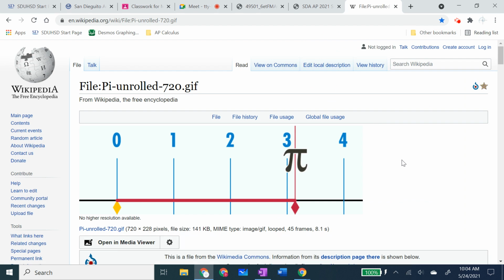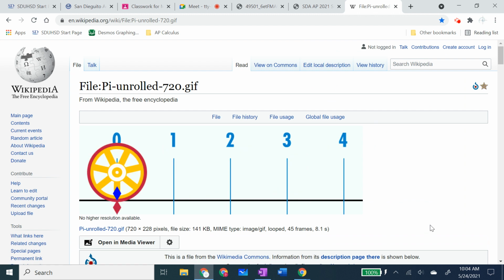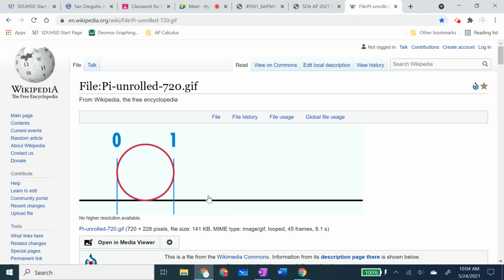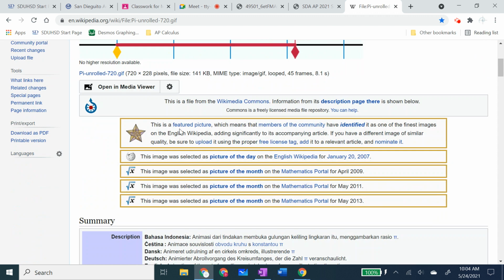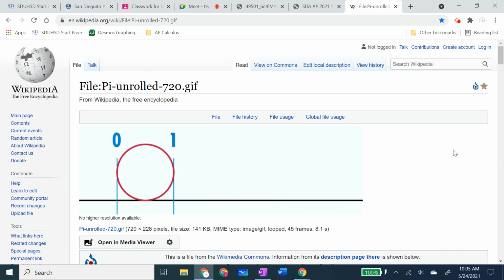Okay. So I've got this fun little thing to show you. Interesting. This was voted as one of the best things on Wikipedia. It's really very useful to a lot of people.